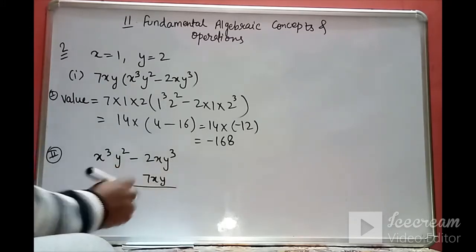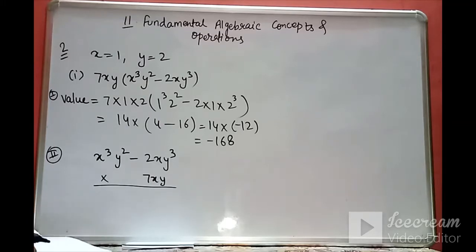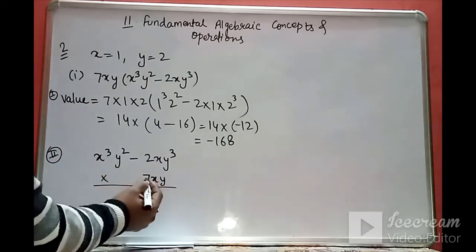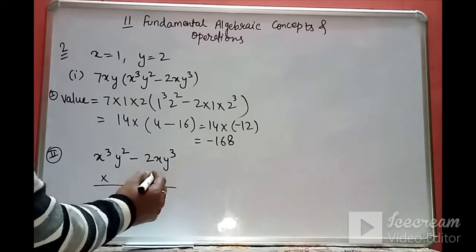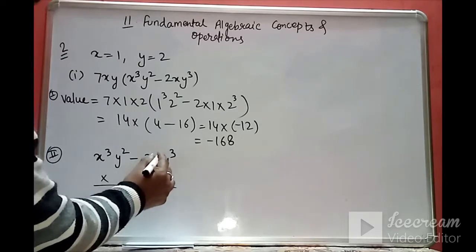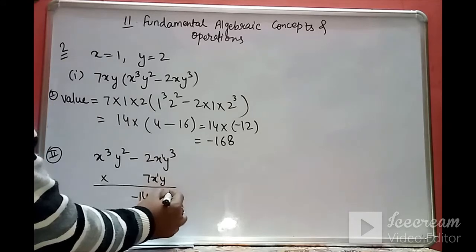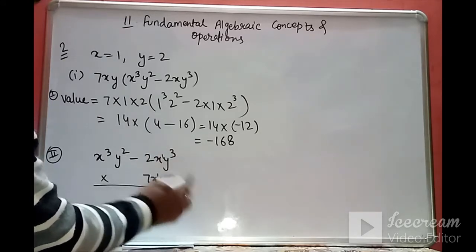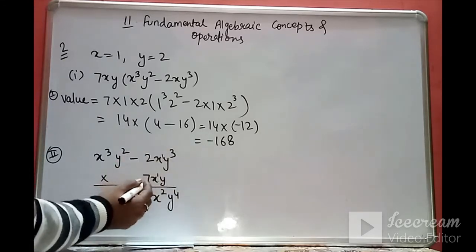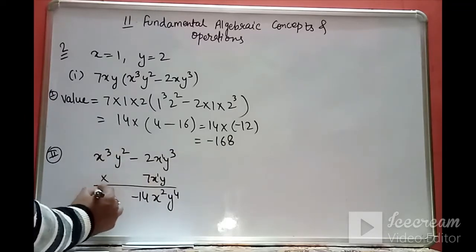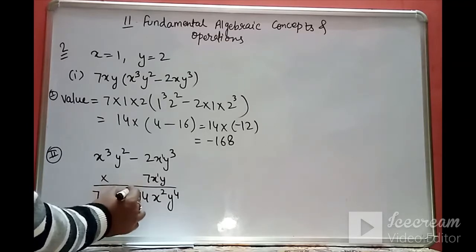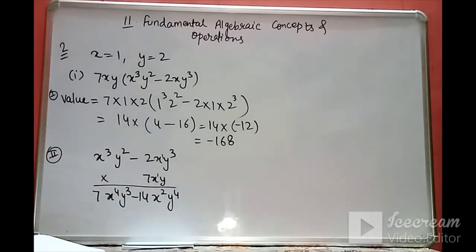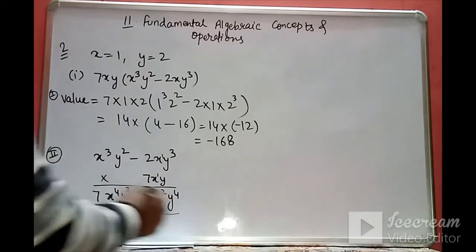So it will be 7 into minus 2 is minus 14, then x is 1 plus 1, which is 2, y is 3 plus 1, 4. Then 7 will multiply to the first term, so it will be 7 x to the power 4, y to the power 3. Okay, so this is my result.